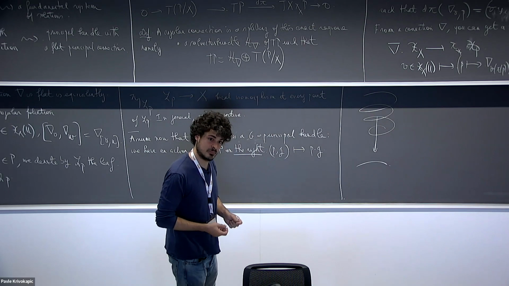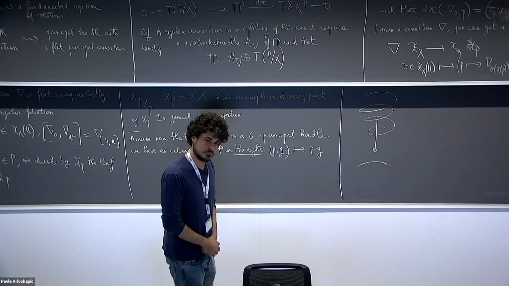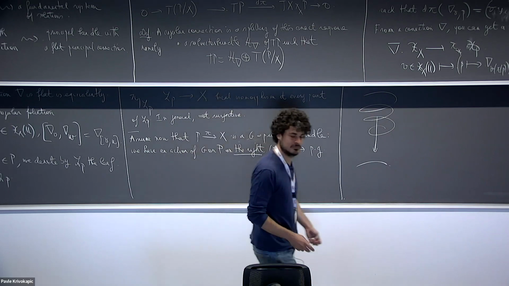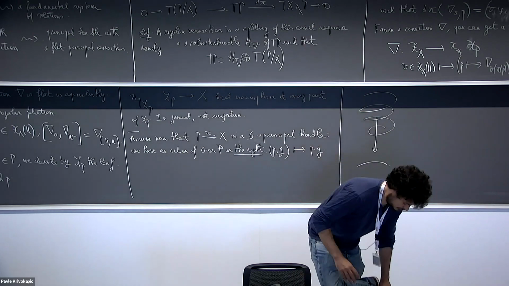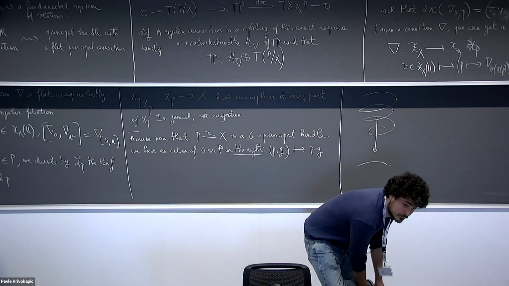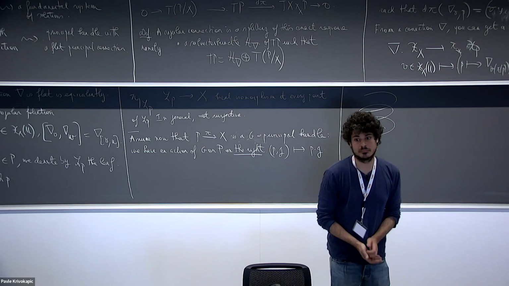Calum was in the algebraic category, but when we spoke about leaves, we were in the analytic category. We don't speak about leaves in the algebraic category.